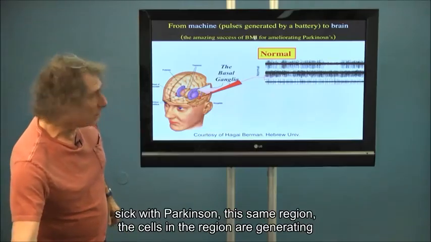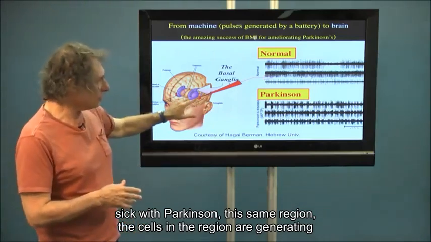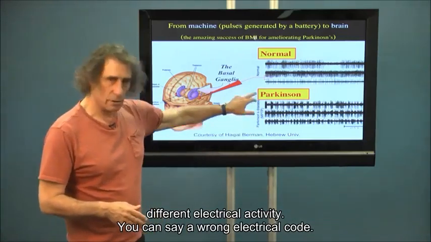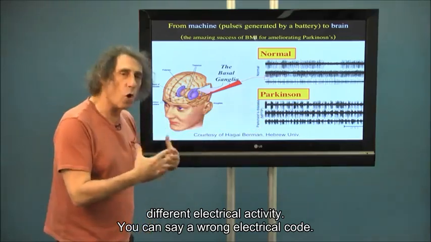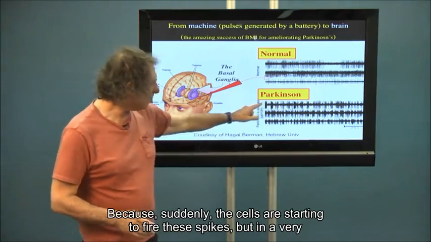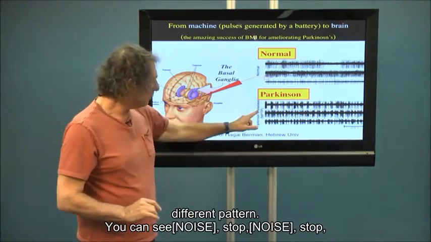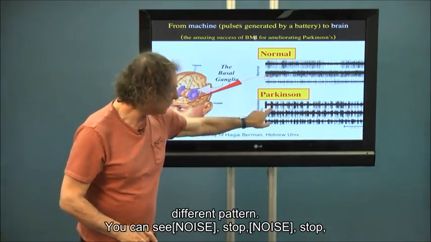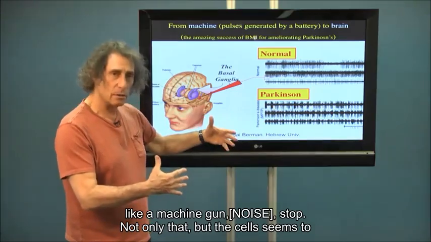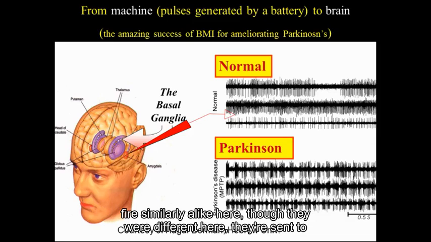In Parkinson's, apparently, when you are sick with Parkinson's, the cells in this same region are generating different electrical activity. We can say a wrong electrical code, because suddenly the cells are starting to fire these spikes in a very different pattern. You can see ta-ta-ta-ta-ta, stop. Ta-ta-ta-ta-ta, stop. Like a machine gun. Not only that, but the cells seem to fire similarly.